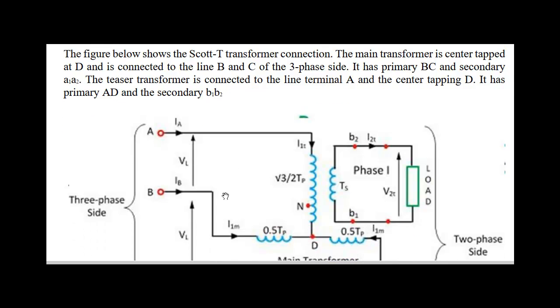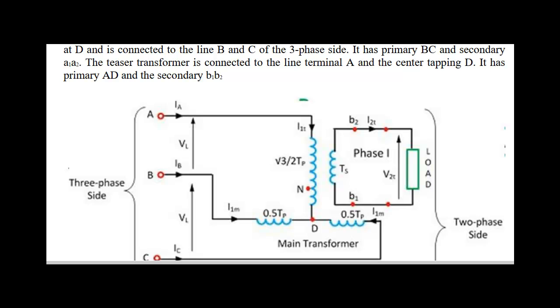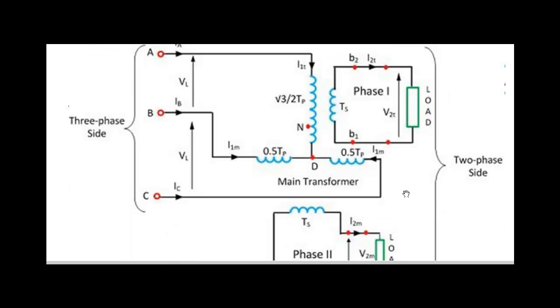The main transformer is center tapped at D and is connected to lines B and C of the three-phase side. These are A, B, C. It has primary BC and secondary A1, A2.